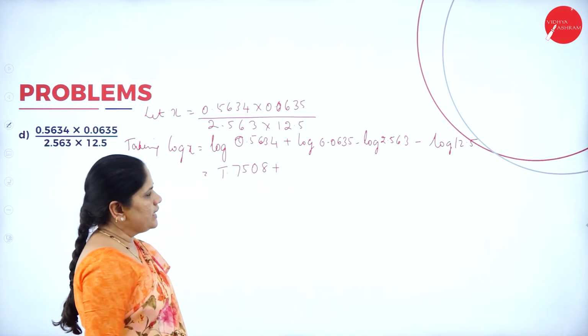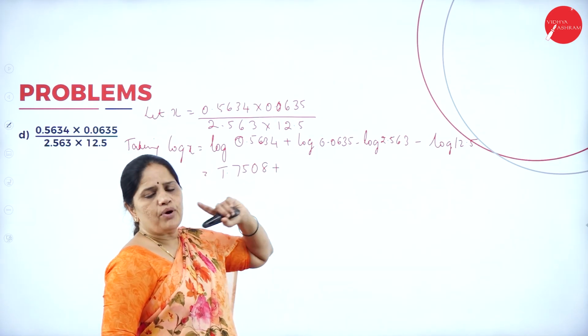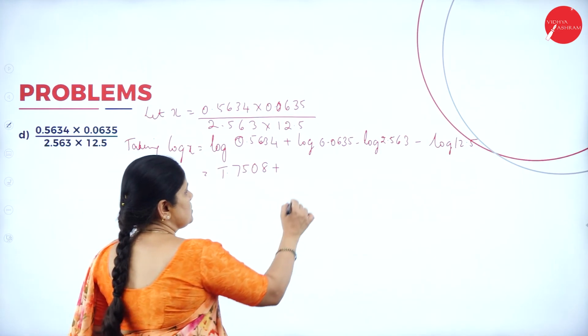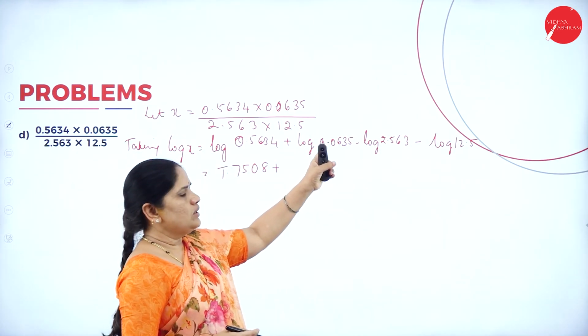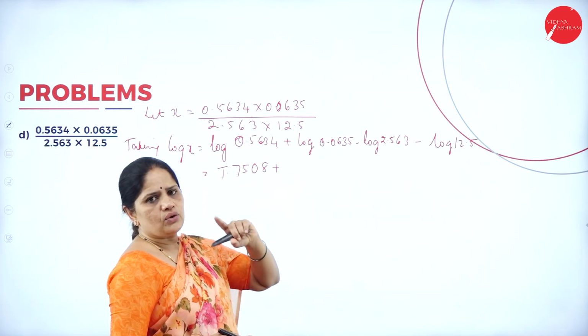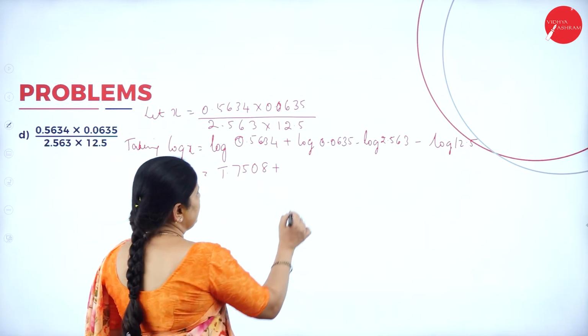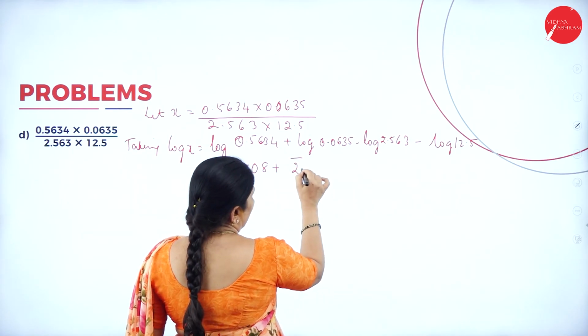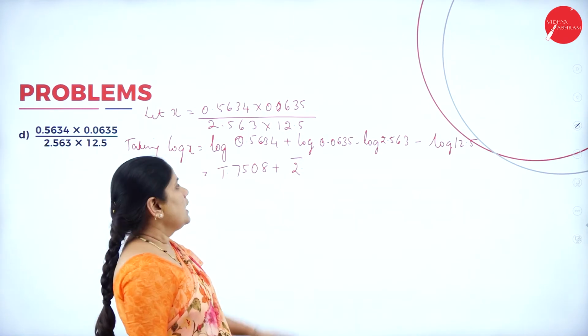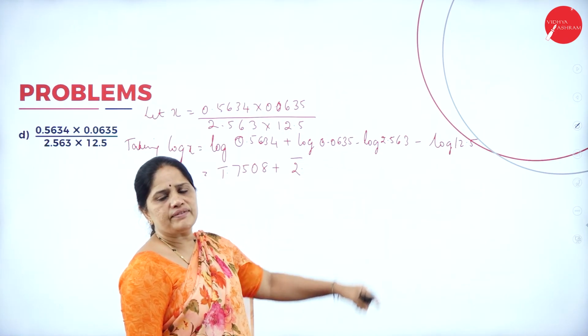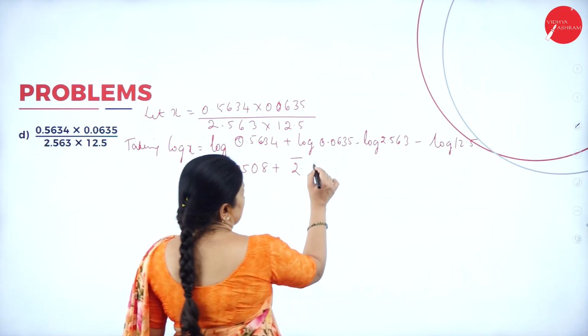Now, again, to the left of the decimal point there is 1 0. So, I will write it as to the left of the decimal point 1 0, to the right also there is 1 0. So, the value will be 2 bar point. Now, I have to find the value of 635. Now, the value of 635 is 8038.